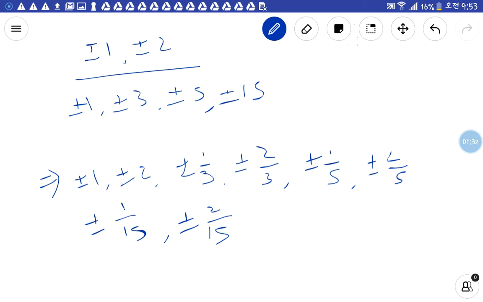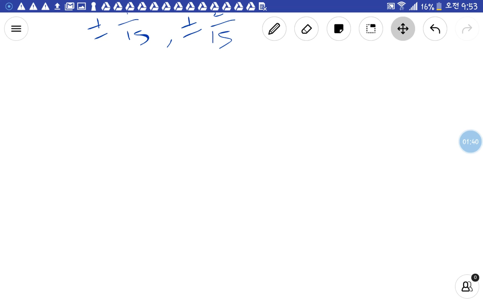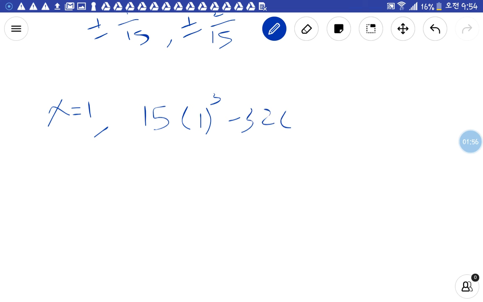Now, we are going to test each possible rational root until we find a root. I told you that these steps take a while. I will start with x equals 1. I plug it into my given equation: 15 times 1 cubed minus 32 times 1 squared plus 3 times 1 plus 2.